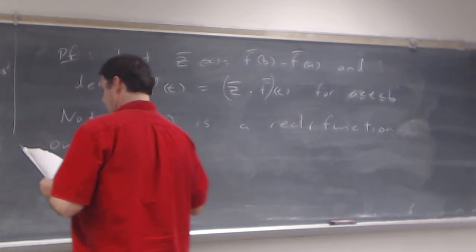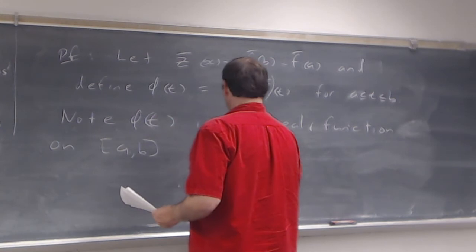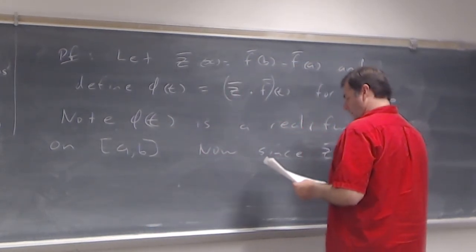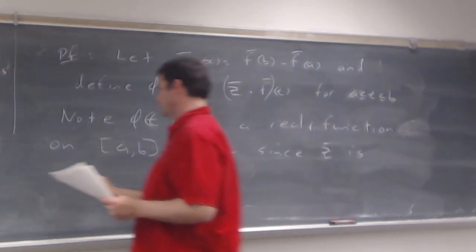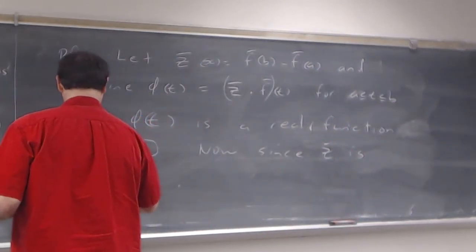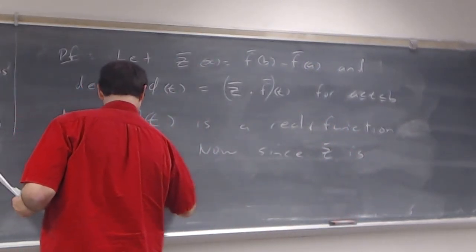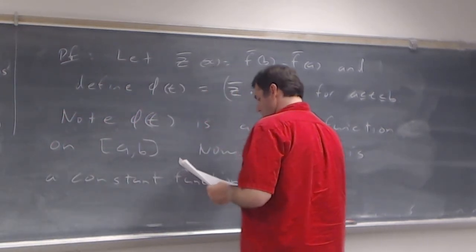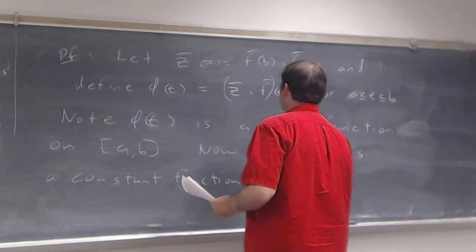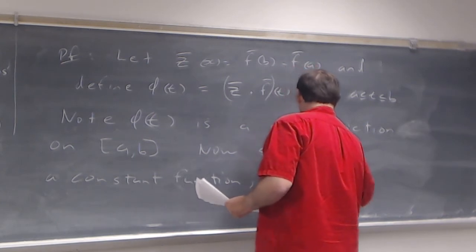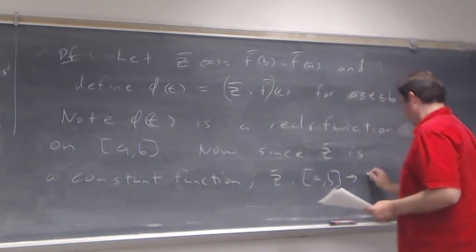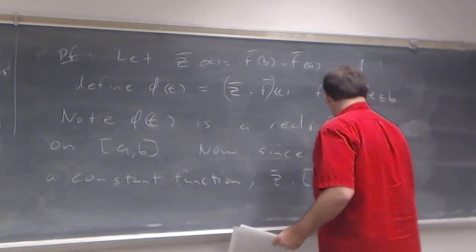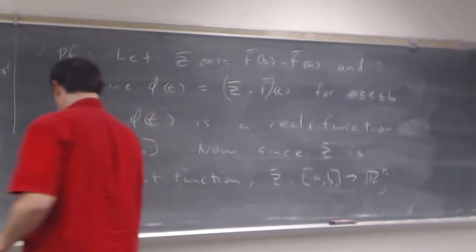Okay. Now, since z bar is a constant function, with z bar going from the closed interval from a to b into R^k, then z bar is continuous.